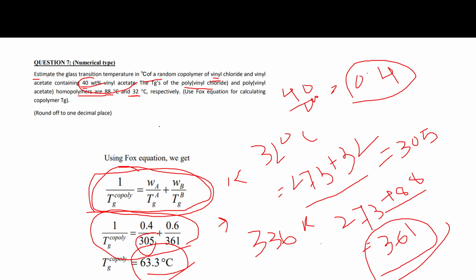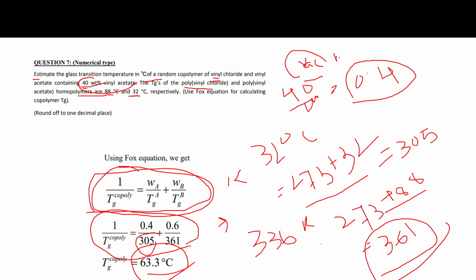Did you understand? Here it tells that in the copolymer there will be 48% of vinyl acetate. So what is the weight fraction of vinyl acetate?